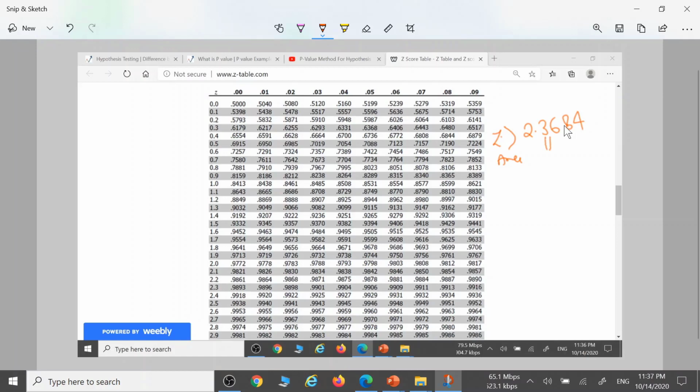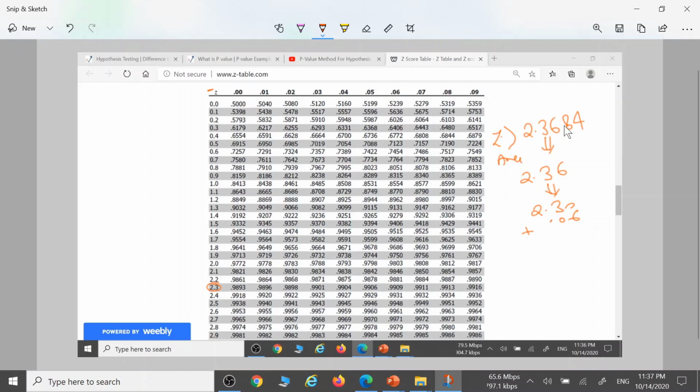We can write 2.36 as 2.30 plus 0.06. First we need to get the 2.3 in the Z table, which is coming here.